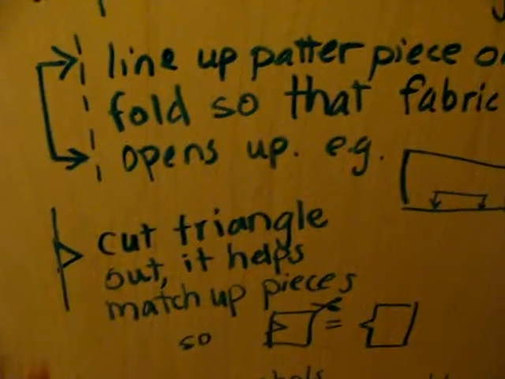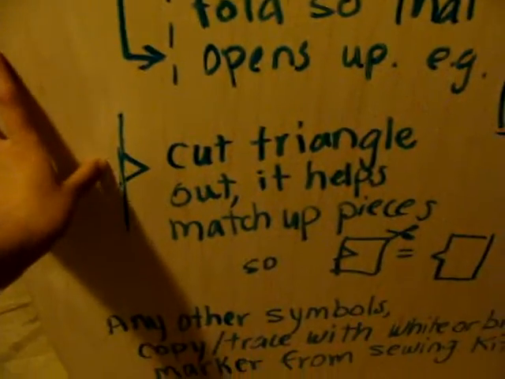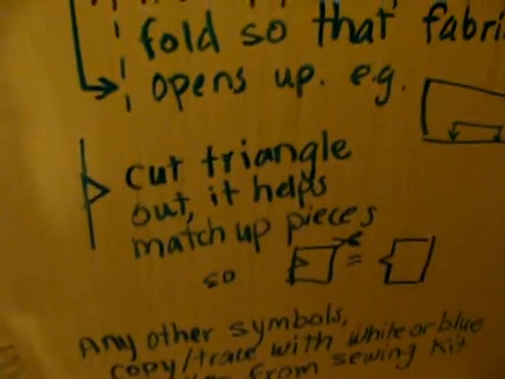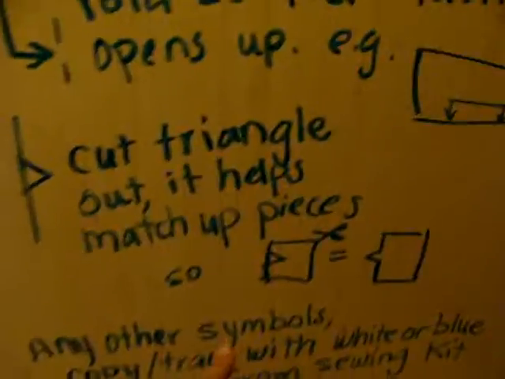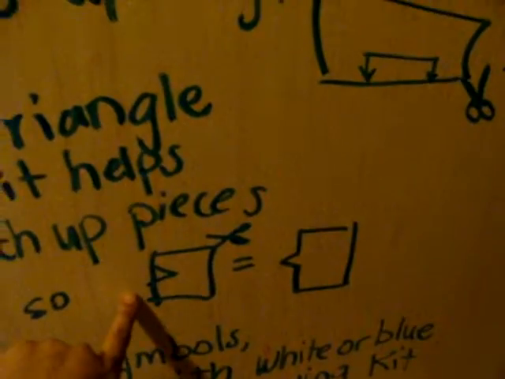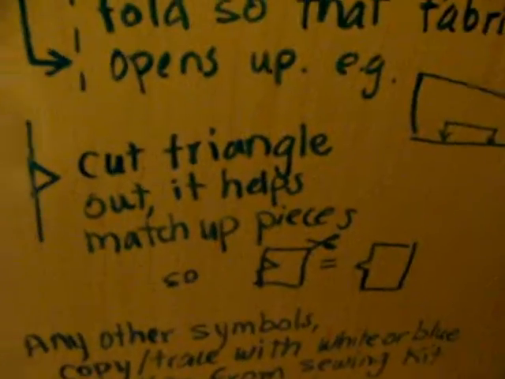Another important symbol is the triangle. You'll often see them along the outer edges, and they serve to line up pieces. When you cut, don't cut into the triangle, cut out, and that will help you line up with a corresponding piece.